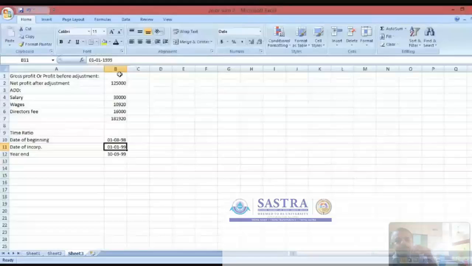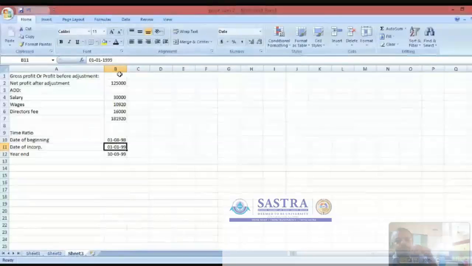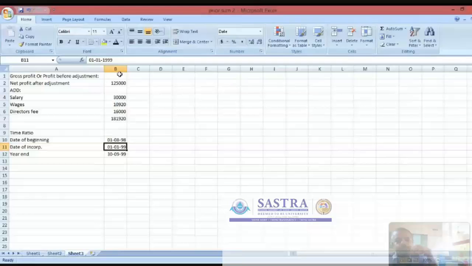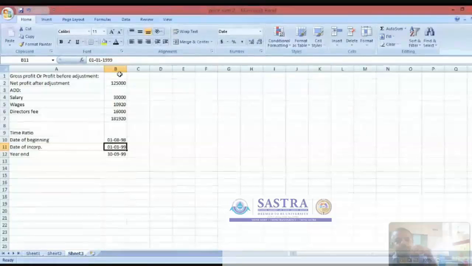But what about profit prior to incorporation? What do we need to do? We take the gross profit and subtract the salary, wages, and director's fees separately for how much is pre-incorporation and how much is post-incorporation. Actually, in the question, the company's overall expenses are subtracted from overall profit, not split into pre-incorporation and post-incorporation.